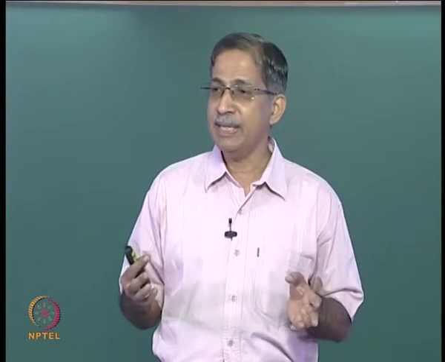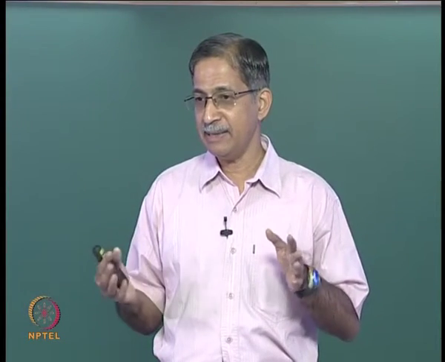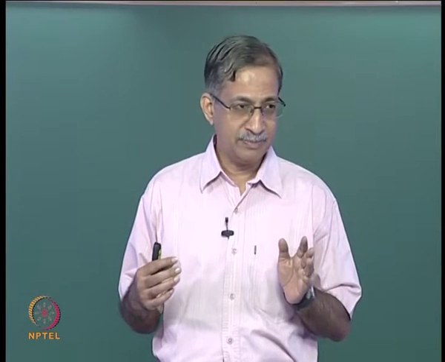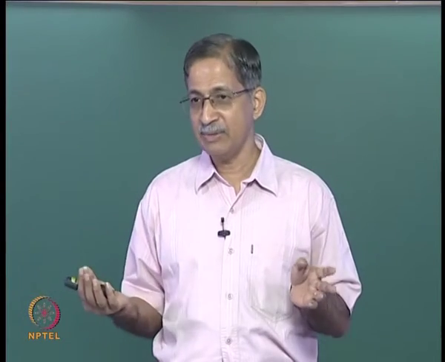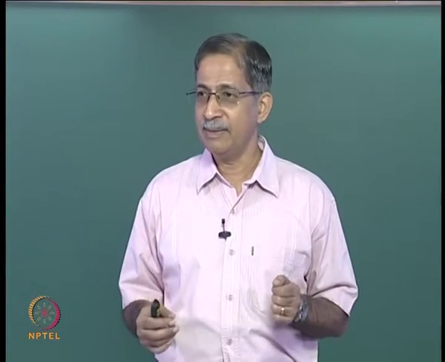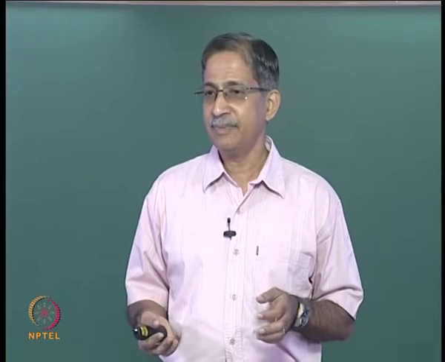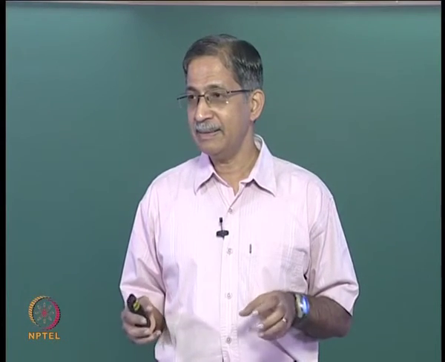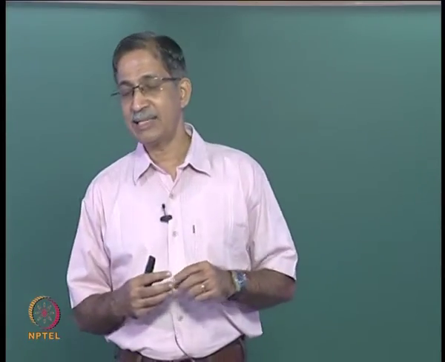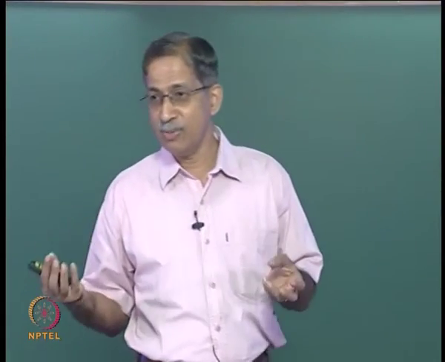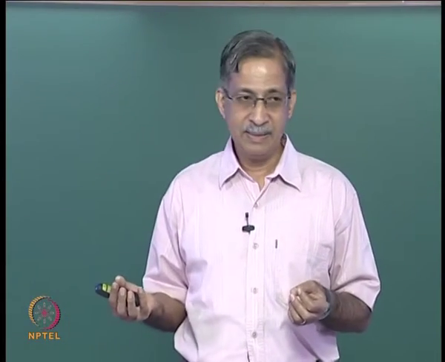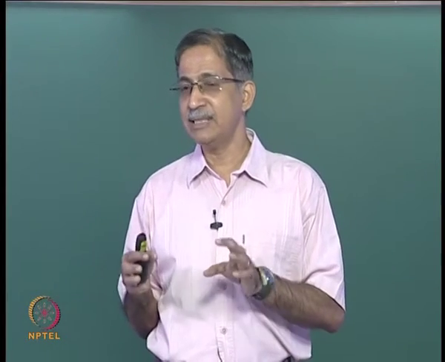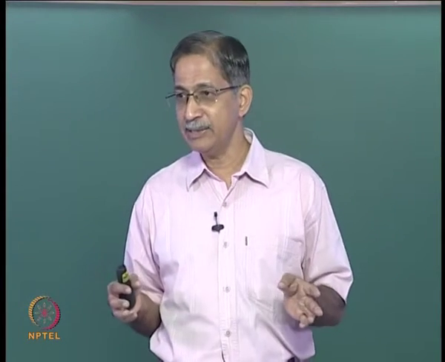When you talk about a beam, you do not talk about a force and a translation, you talk about a moment and a rotation. Is it clear? And there are many ways of describing it. This is one way. You apply a moment at one end, if your beam is stiffer it will be more difficult to rotate it. So the flexural rigidity of the beam comes in the numerator, that is EI, and the length of the beam comes in the denominator, and there is a constant which depends on the boundary conditions.